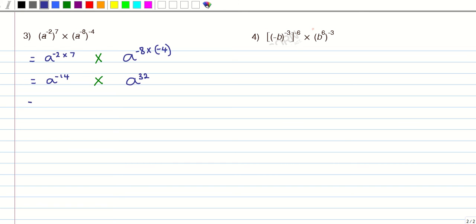So now we use property 1 such that we get a to the power of negative 14 plus 32. Okay, and that will give us a to the power of 18. Okay, so this is our final answer.